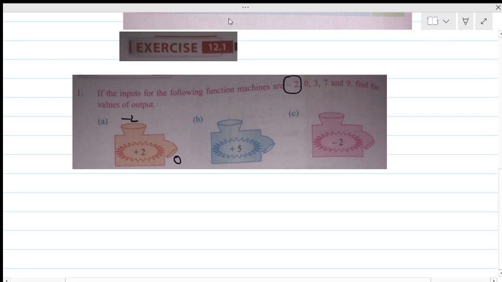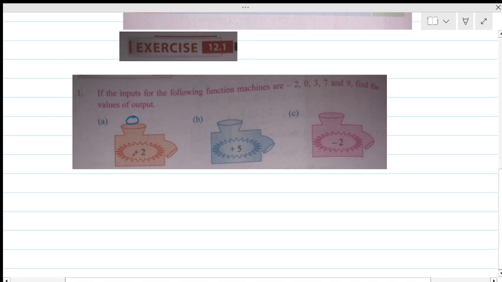So similarly, let's go for another number. Suppose you go with the value 0. You kept 0 as the input, so the process will be +2.